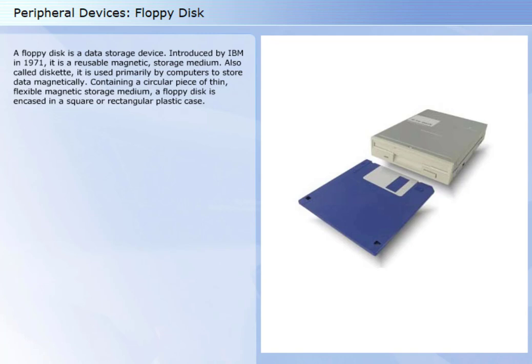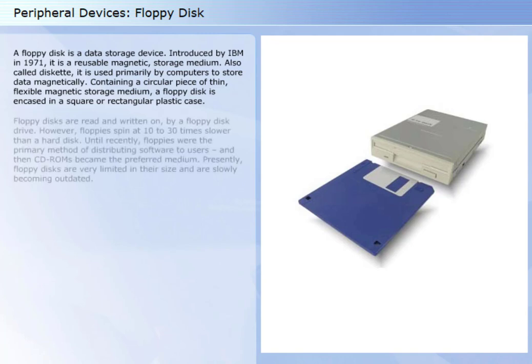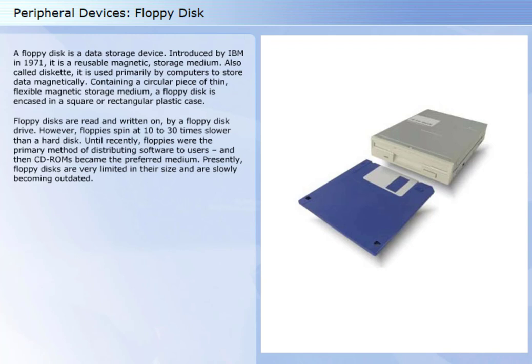Containing a circular piece of thin, flexible magnetic storage medium, a floppy disk is encased in a square or rectangular plastic case. Floppy disks are read and written on by a floppy disk drive.